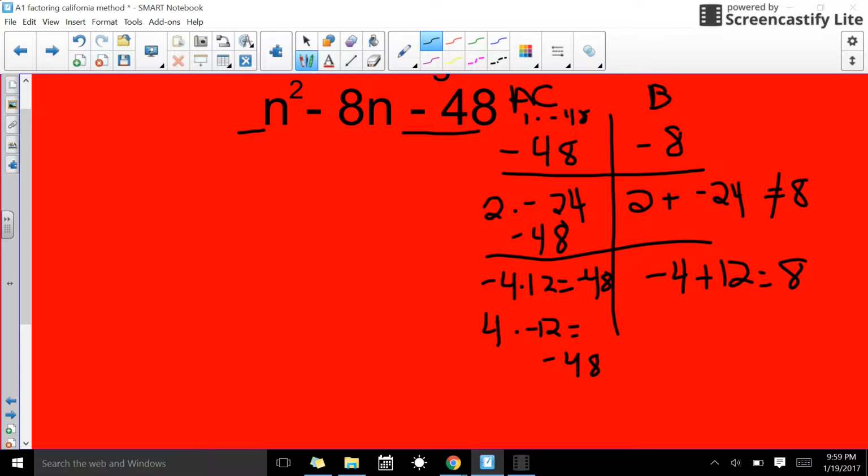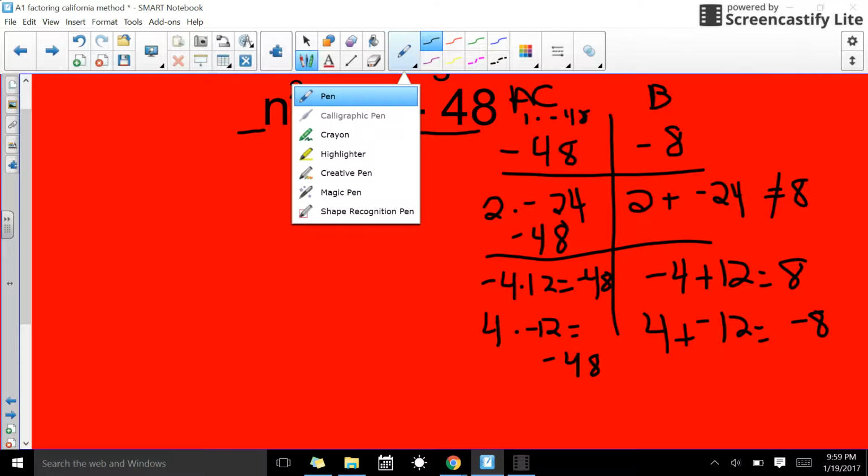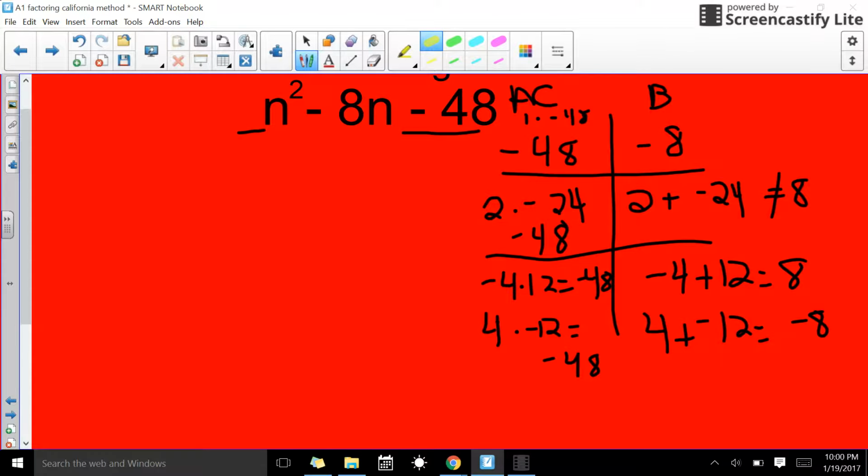And now we're going to add 4 plus -12, okay? And get -8. So our numbers that we are going to use are 4 and -12.